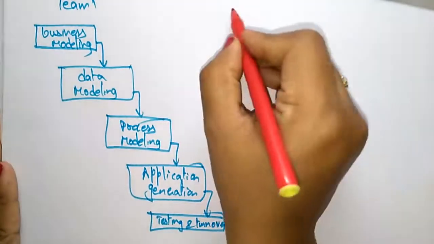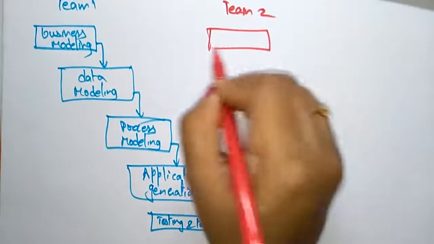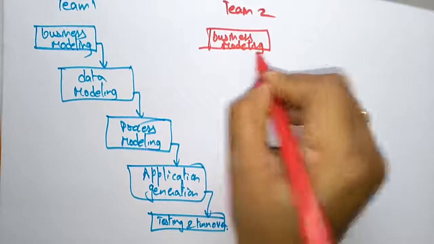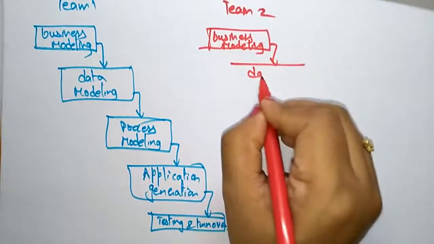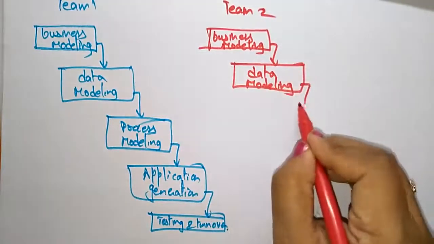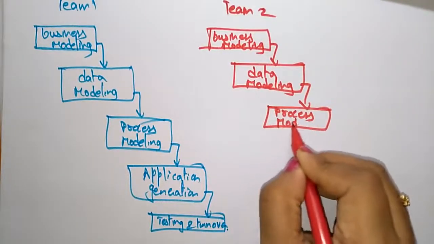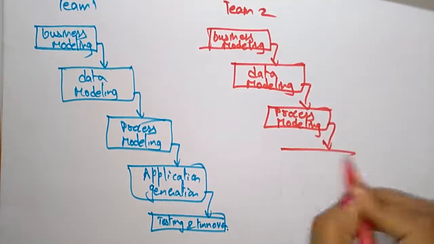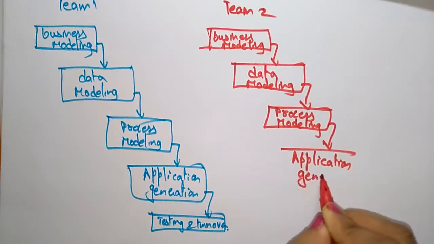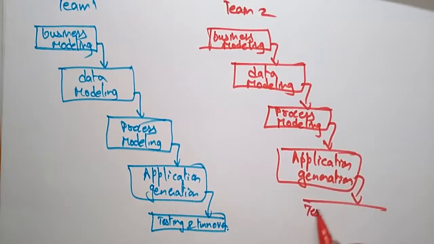Next, in the same way, the team 2. So team 2: business modeling, data modeling, process modeling, next application generation, next testing and turnover.